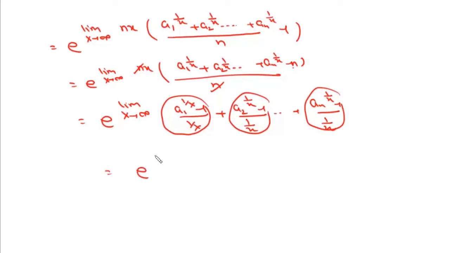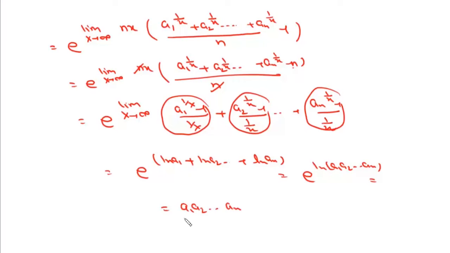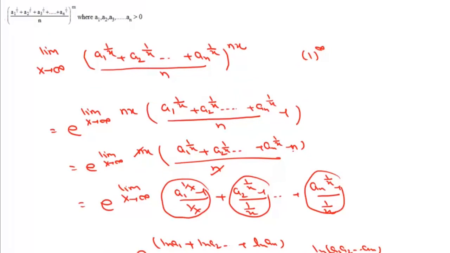So it will be e to the power log a1 plus log a2 plus log an, which is e to the power log (a1 into a2 into an), which is a1 into a2 into an, this product. So the answer to this limit is a1 into a2 up to an.